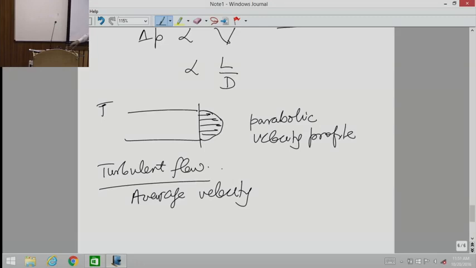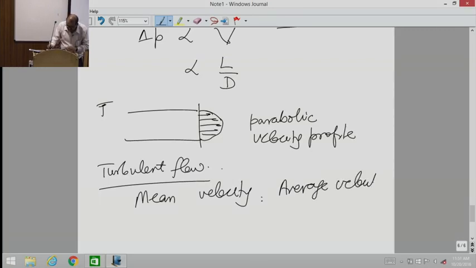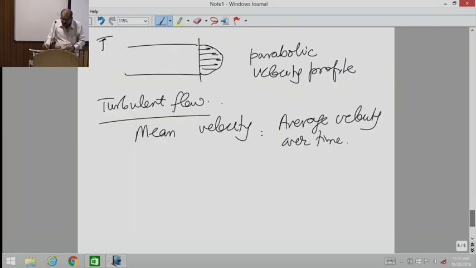So in a turbulent flow, let me use the term mean velocity instead of average, so that there is no confusion, which means you average velocity over time. Strictly speaking, it will not even be time average, but this we will see in the turbulence course.